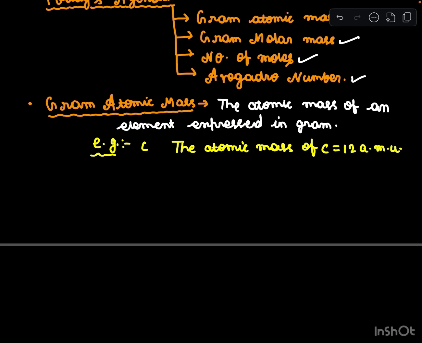If we express it as 12 g, that means the gram atomic mass of carbon is 12 gram. Another example, if we consider helium, the atomic mass of helium is 4 mu. We can also call it 4 gram. Okay, so this is the meaning of gram atomic mass.